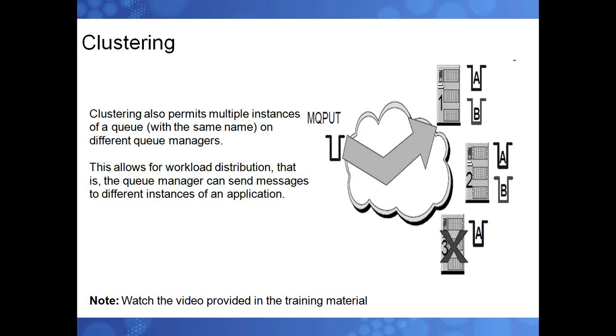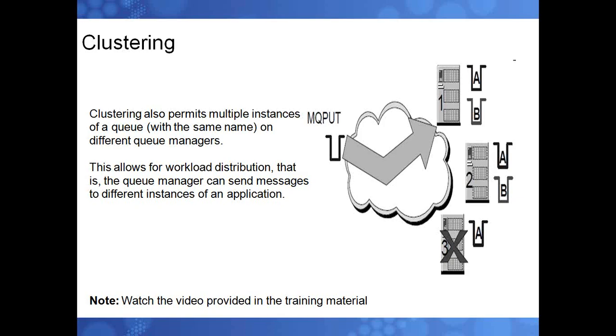Clustering is making two or more queue managers be shared in a particular group so that different applications can use the same queue managers without any kind of disturbance. So this is what clustering is all about.